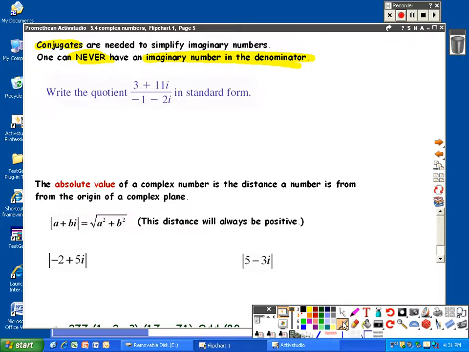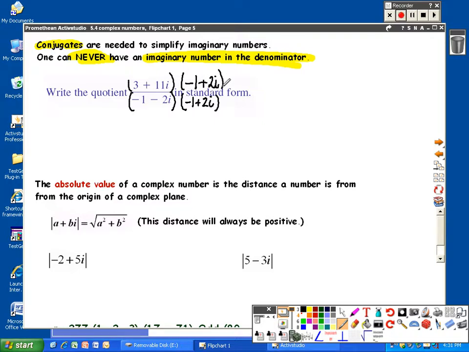So this acts as one term. So if I multiply by its conjugate, I should get a real number back. So the conjugate to negative 1 minus 2i is negative 1 plus 2i. What I do to the denominator, I must also do to the numerator. So I must also multiply the numerator by negative 1 plus 2i.